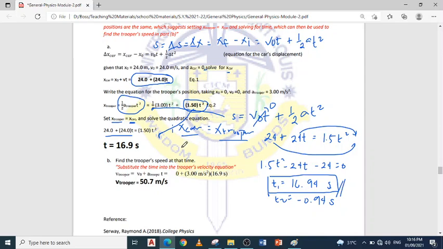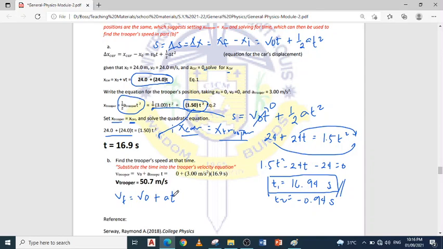And then find the trooper's speed at that time. So at this time, what is the speed of the trooper? What formula do we use? Vf is equal to Vo plus at.